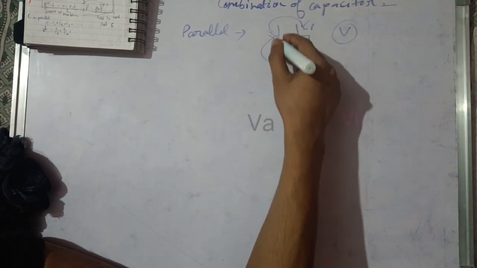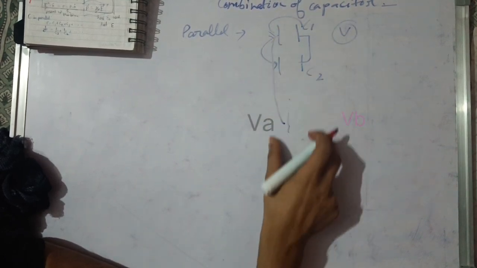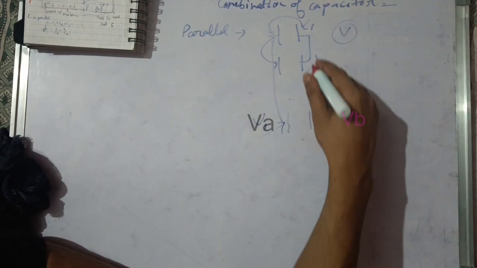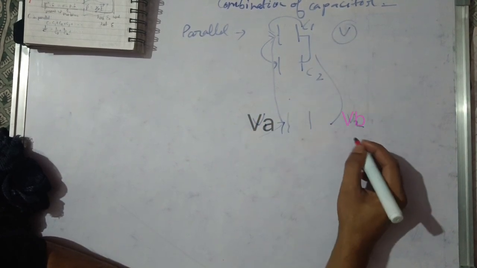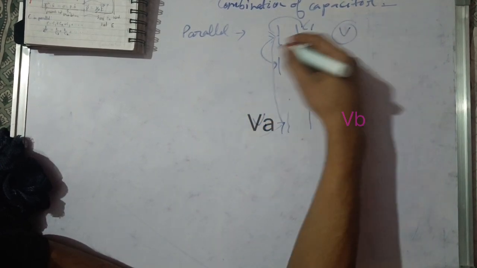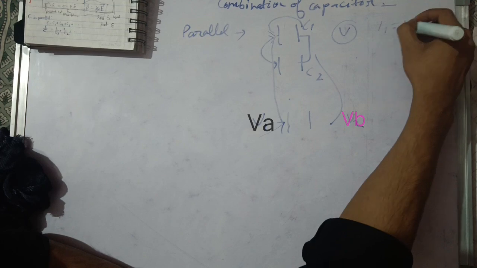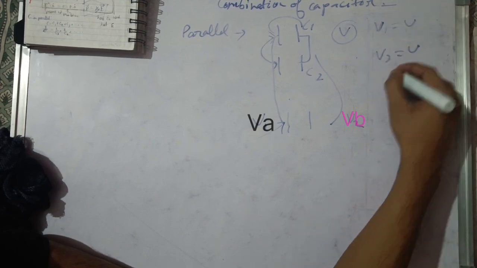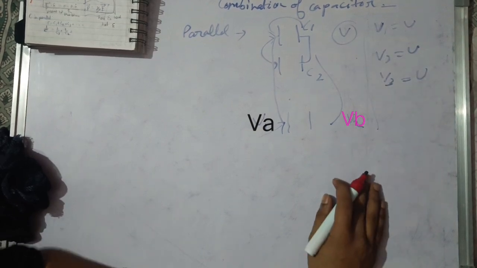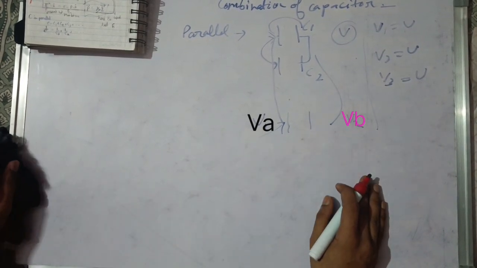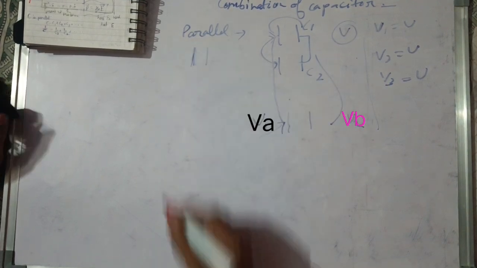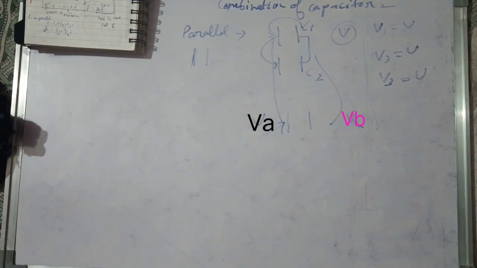One end of all these capacitors will be at V1 potential and the other end at V2 potential, so for each capacitor the potential difference is the same, V. So parallel combination means the potential difference is the same for all of them, and that simply looks like parallel addition of the capacitors.